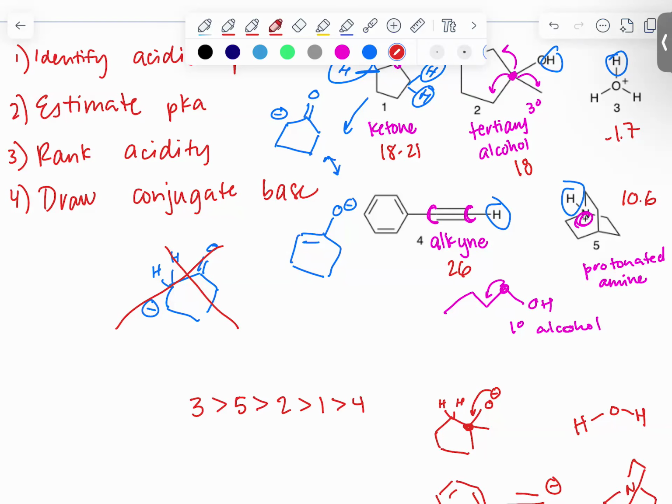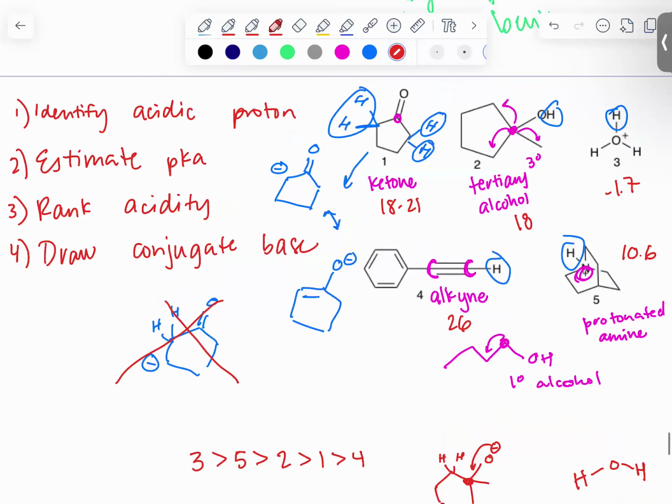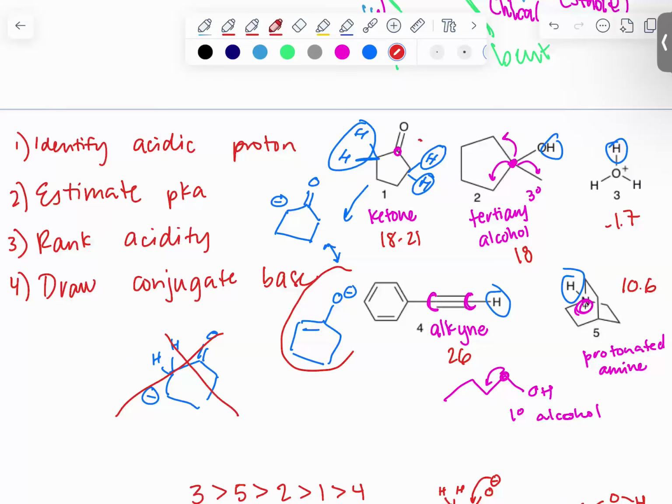A tertiary alcohol on the chart just goes to O-. This one is a ketone, and this is where we make that double bond in the circle.